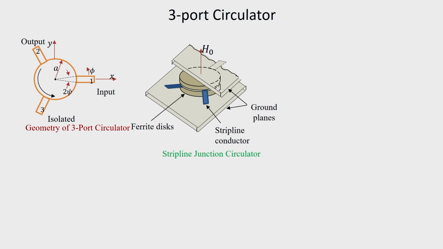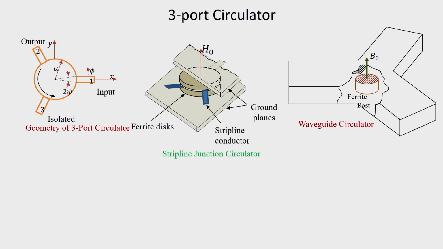Now, this type of 3-port circulator can be realized either in the form of a strip line junction in the form of a Y junction or in the form of a waveguide circulator.